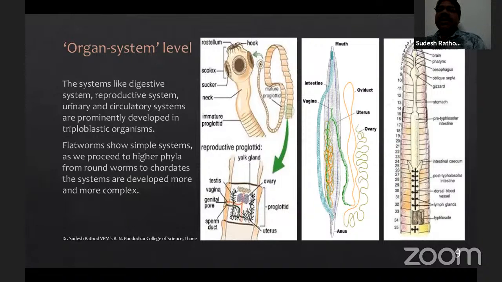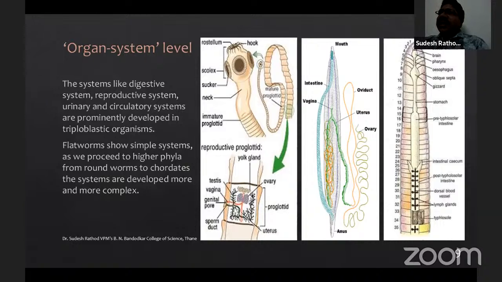Similarly in animals, organ system level organization first occurred not in jellyfishes, not in hydra, because these only show organ level organization. When many organs come together, it is system level organization, and this first appears in the triploblastic phylum Platyhelminthes, where you come across a very highly developed reproductive system.